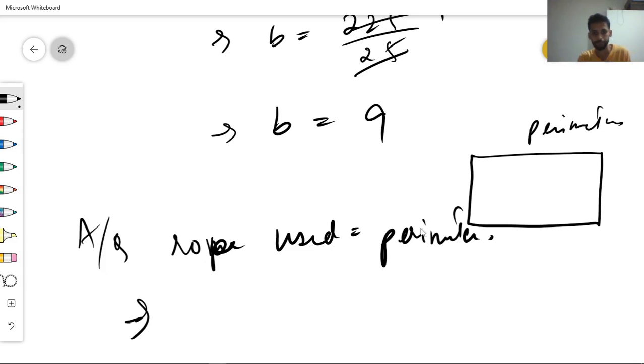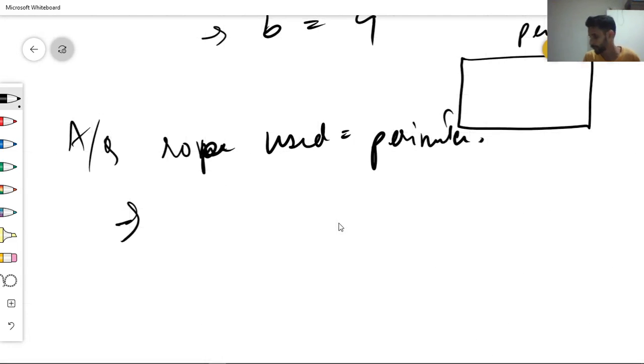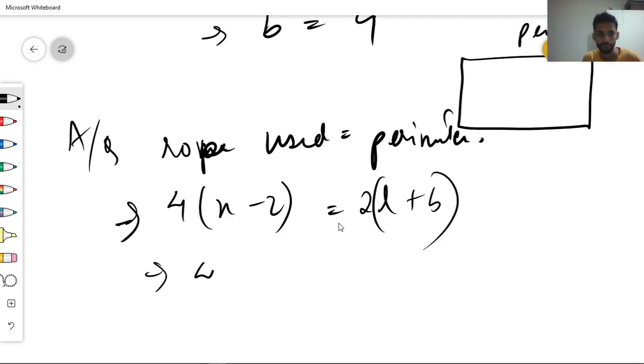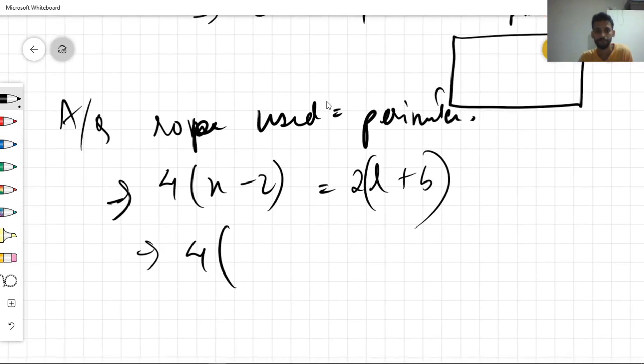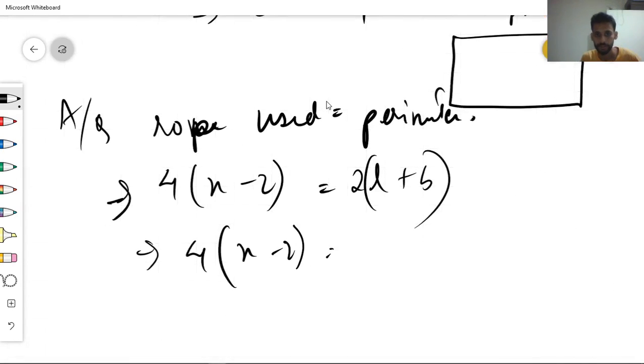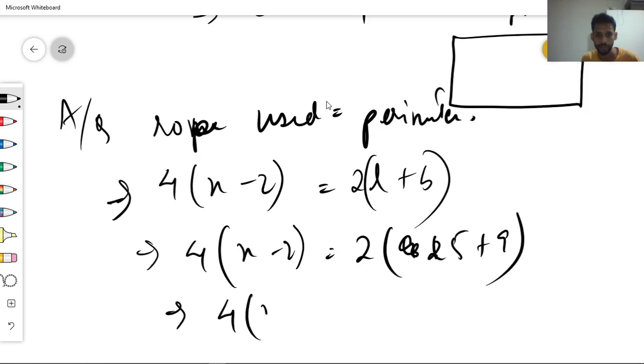This implies rope used was given 4x minus 2, and the perimeter we already know is twice into L plus B. The breadth we got is 9, so 4x minus 2 is equal to 2. This is 25 and this is 9.